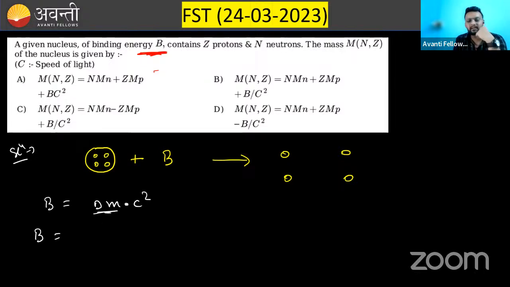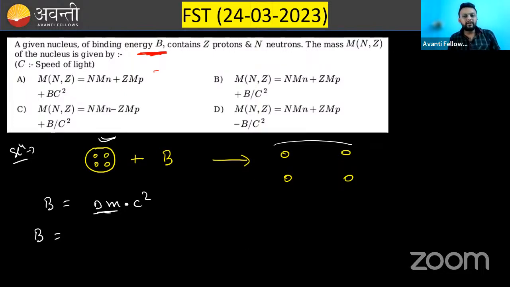Let me ask you, out of these two, this is mass of the nucleus and this is individual mass. Which mass is more? Divya, Sunita, anyone? Do you know about that? Which mass is more?